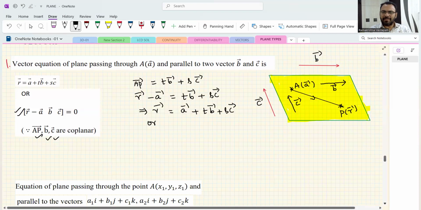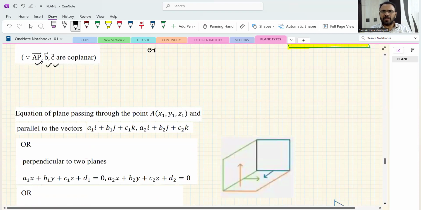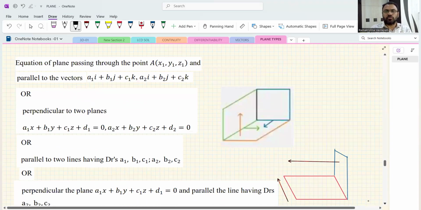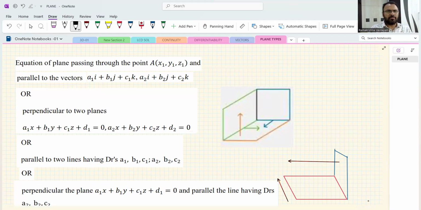Now I will explain the equation of plane passing through one point parallel to two vectors in different modes. Well, here you see the equation of plane passing through only one point A x1, y1, z1 and parallel to how many vectors?